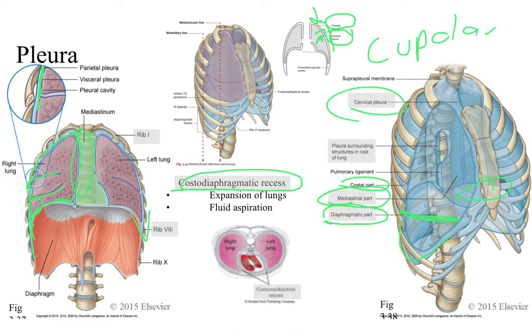Now, a medical reason why that is there is that you may need to have a fluid aspiration from the pleural space. And if you take fluid from anywhere in the first 7 intercostal spaces, you're going to risk hitting the lung and puncturing the lung.